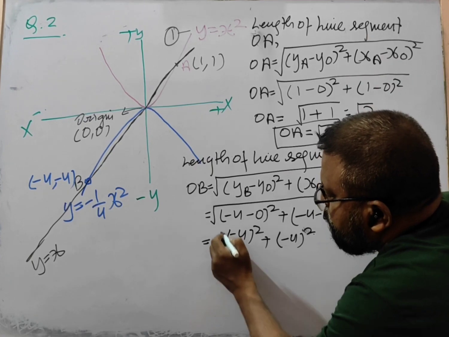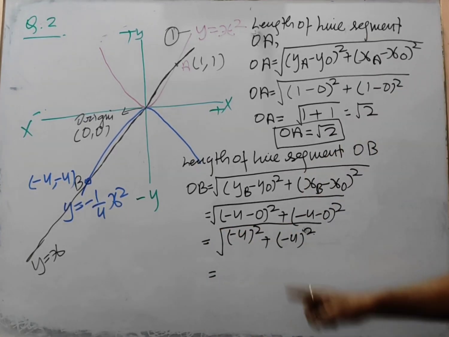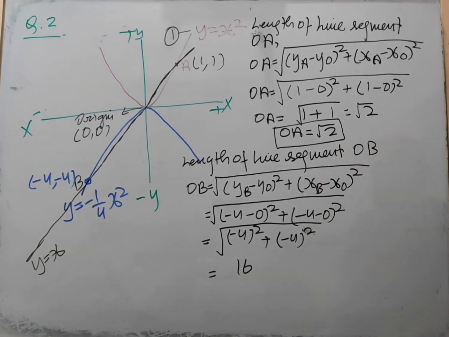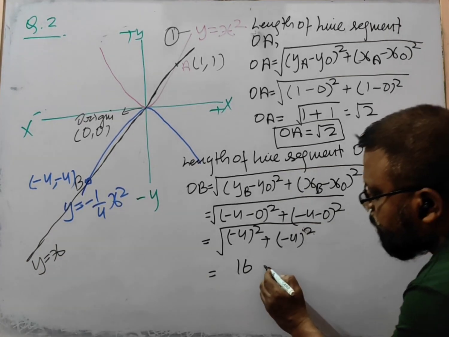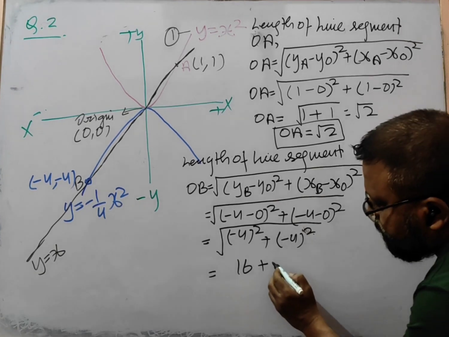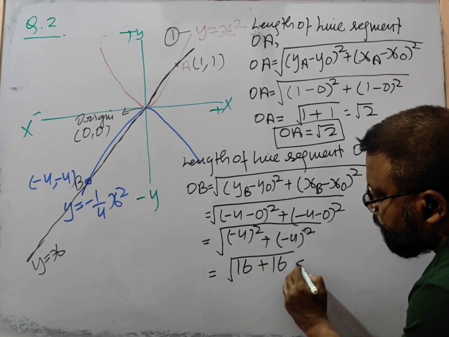Then we take square root, right? So minus 4 whole square is 16. Minus 4 into minus 4 becomes plus 16, plus 16, square root.